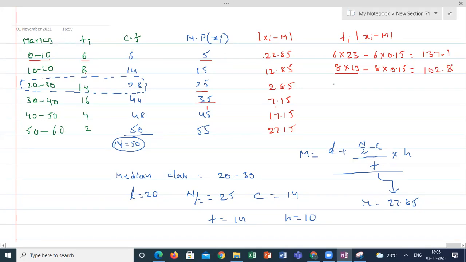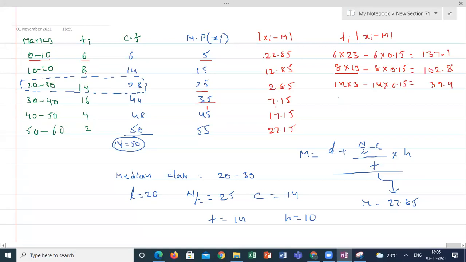And this one, 2.85 into 14. 14 into 3 minus 14 into 0.15. How much are you getting? 42 minus 2.1, which is giving 39.9.